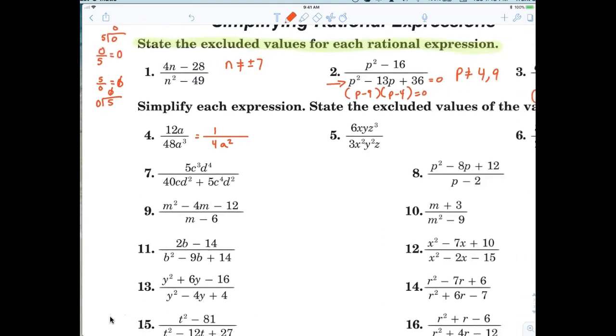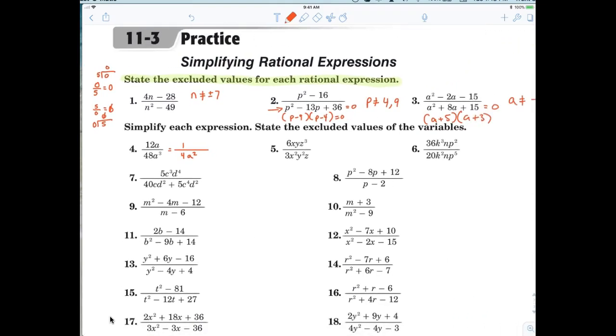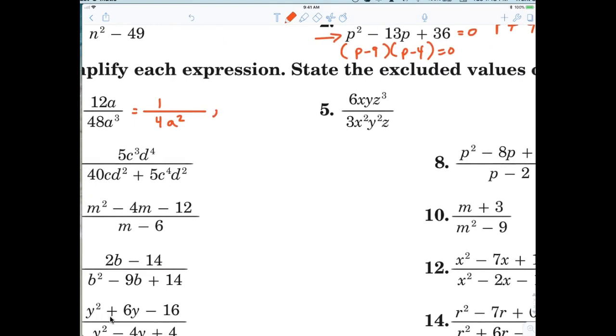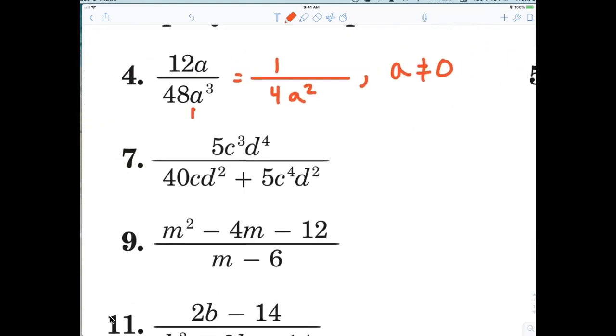Now it says state the excluded values. So for the excluded values, we just say a cannot equal what? 0. Does everybody agree? What's the only value for a that will make the denominator 0? 0. 0 cubed times 48 is still what? 0.